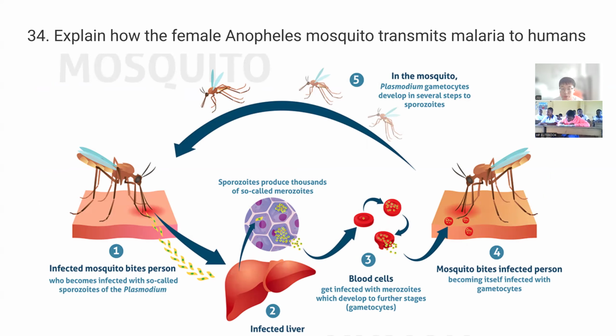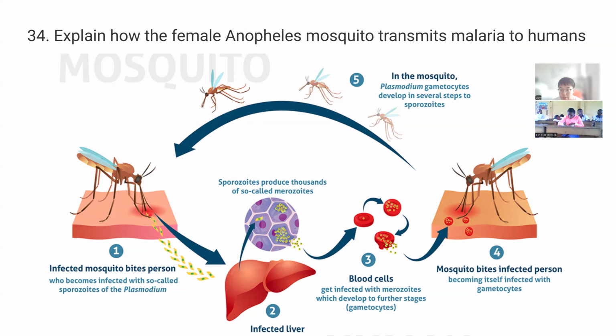And this next question asks to explain how the female Anopheles mosquito transmits malaria to humans. So Anopheles mosquitoes are a species of mosquitoes that transmit malaria.